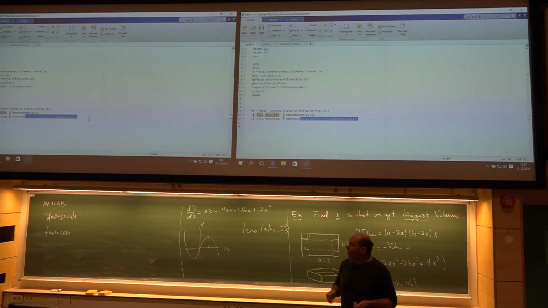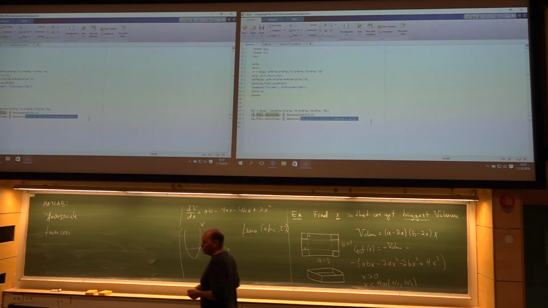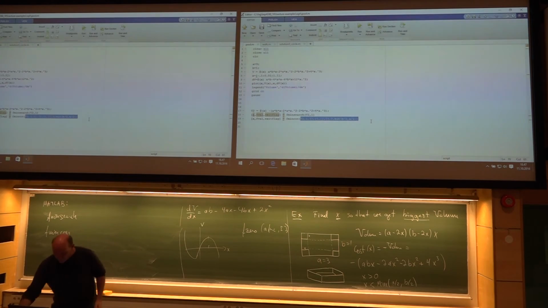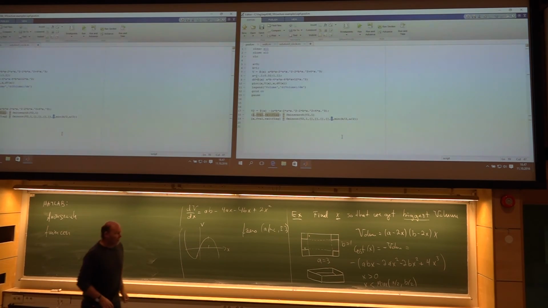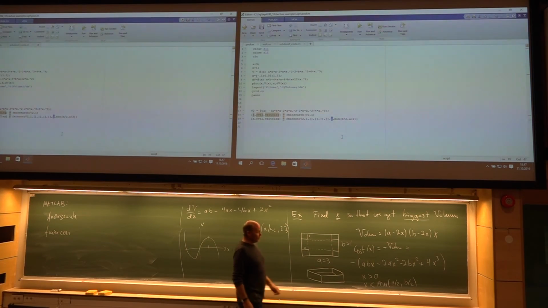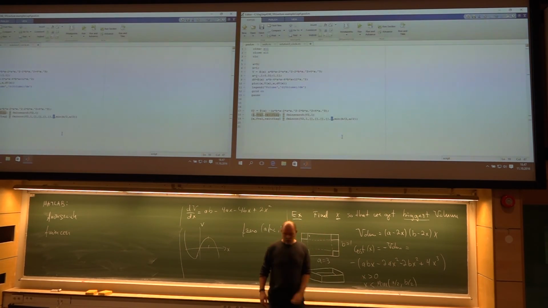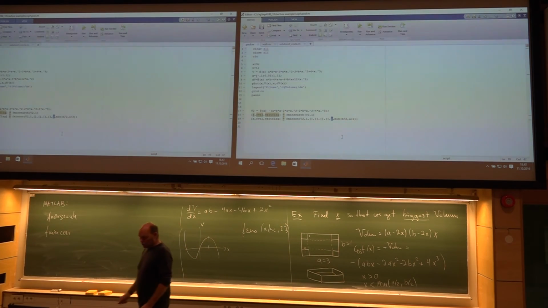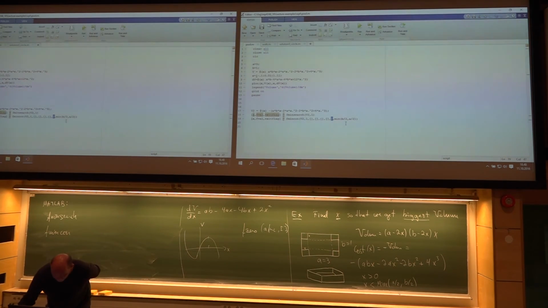You have to have four of them, because there were four entries that I do not want to use. But you can't just skip them or just say comma, comma, comma. You have to give them an empty matrix, or else it will fail. And then finally, 0. That was the lower bound for my x. And the upper bound should be the smallest one of B half, A half.